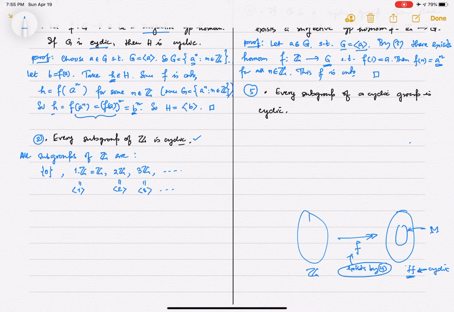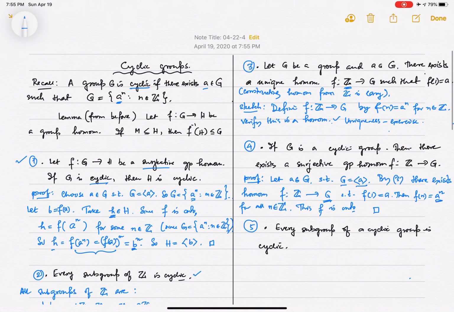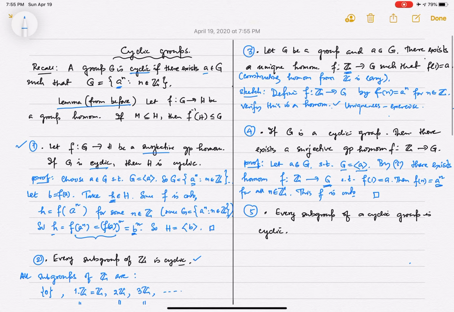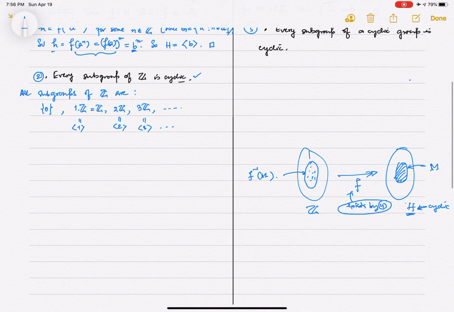So now you take the pre-image of this M. So look for all the integers such that when you apply F to them, they land in the shaded part. This thing is called F inverse M. And a lemma that we proved last time, which I have recorded here, says that if you have a subgroup on the right hand side and you have a homomorphism, the pre-image is also a subgroup.